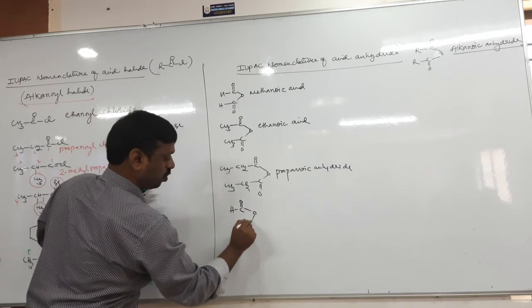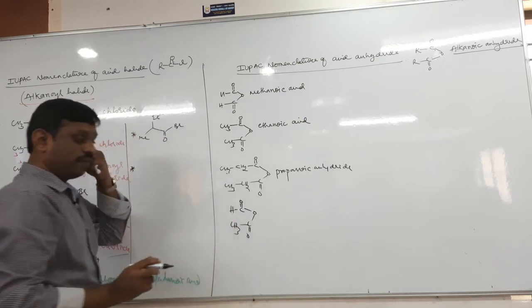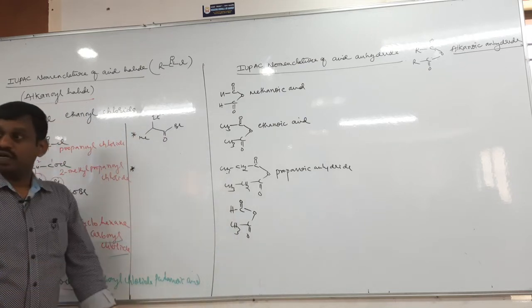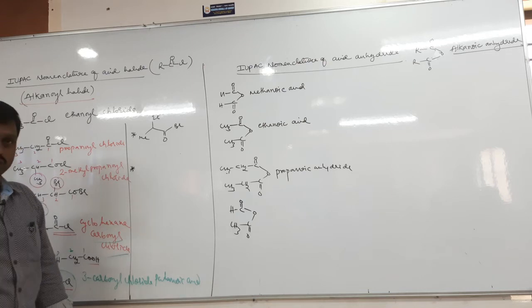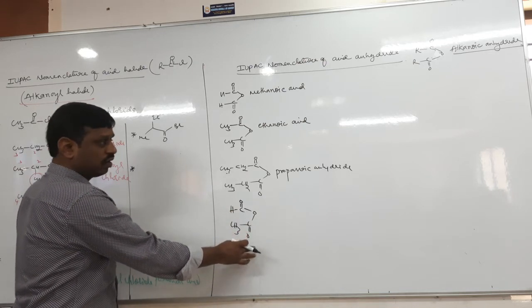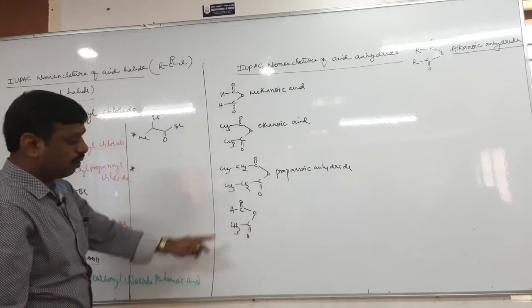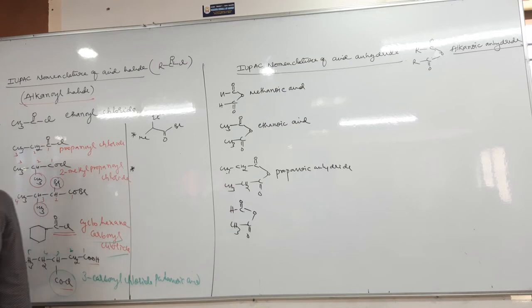Suppose there is a mixture of carbons, like here 1 carbon and 2 carbons, H C double bond O, and C double bond O CH3. Tell me, it is an anhydride of 2 acids. One is methanoic and the other is ethanoic. Now all this time it was 2 methanoic, 2 ethanoic, 2 propanoic, but here there are 2 different carboxylic acids.